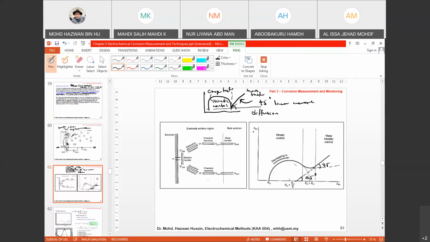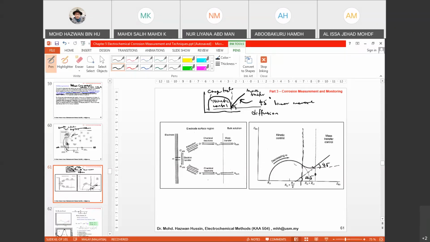So basically, if I ask you again, the kinetic control actually occurs where? RS is near the outer Helmholtz plane, and then RCT occurs at the inner Helmholtz plane region.